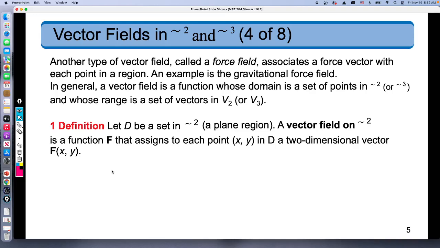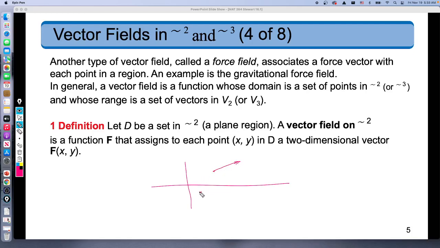So our first definition: let D be a set in 2 dimensions, a plane region, and the vector field on D is a function F that assigns to each point (x, y) a 2-dimensional vector. Okay, so we're going to take some point, and each point will get a vector assigned to it. So it'll have a magnitude and a direction.